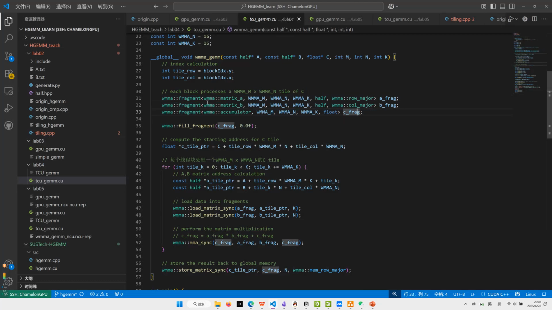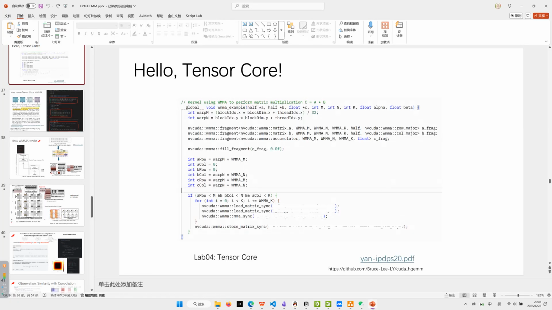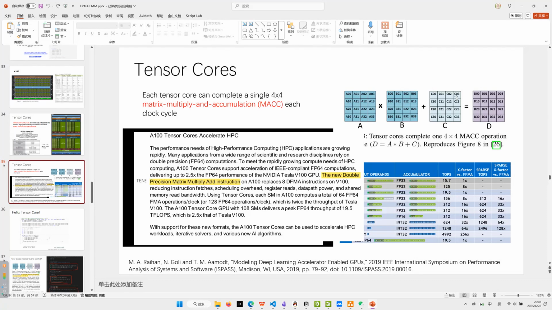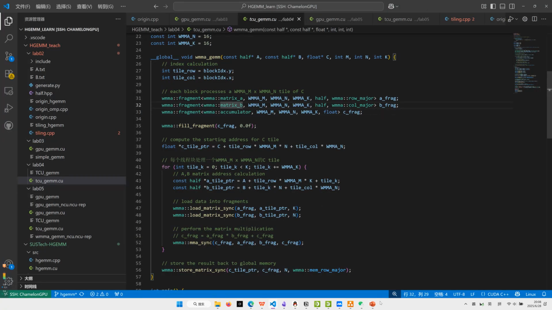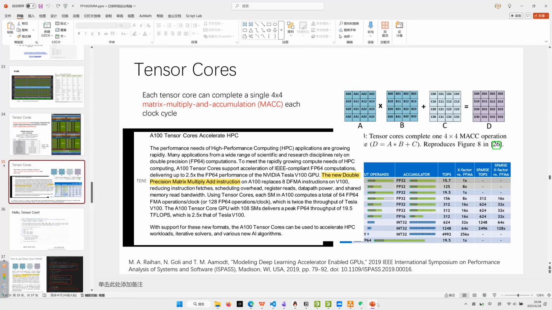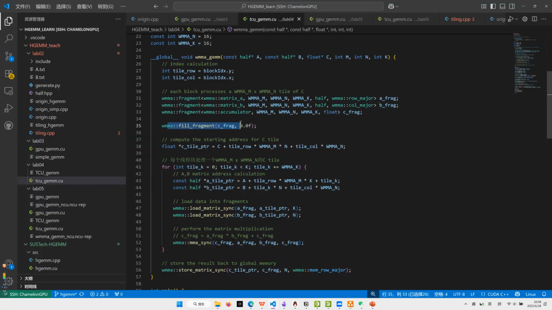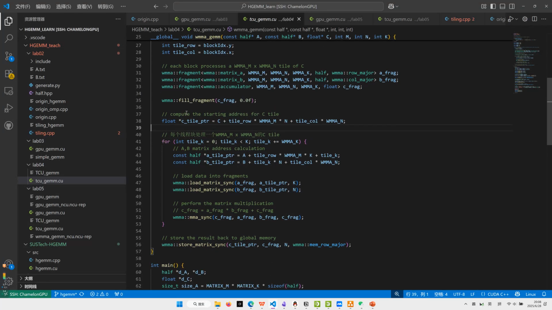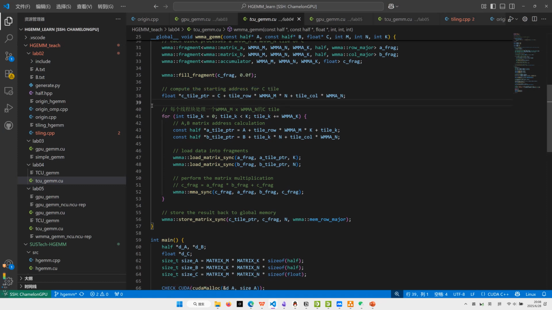For the rest of the API knowledge, you can learn from the book. The accumulator here means matrix C, matrix B means the B here, and A means this one. This API fills C with 0, and then you need to compute the C starting address. Since every block gets one tensor core, you can let one block manage one tile for one tensor core.